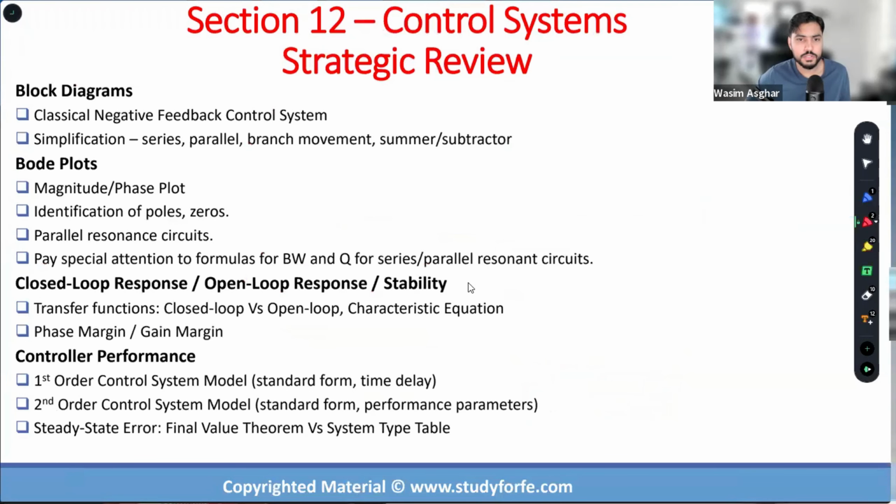Okay, so let us do a strategic review of Section 12 control systems. These are the four major areas that you are expected to know when it comes to control systems. Control systems is an interesting section because a lot of power systems engineers, I find, especially those who have the option of just focusing on power systems in their third or fourth year of undergraduate studies, sometimes lack coursework in control systems.